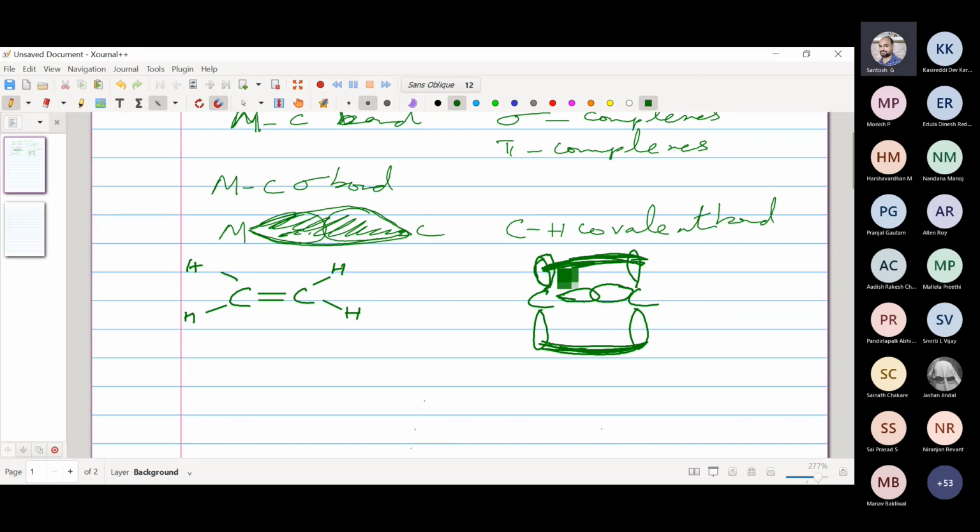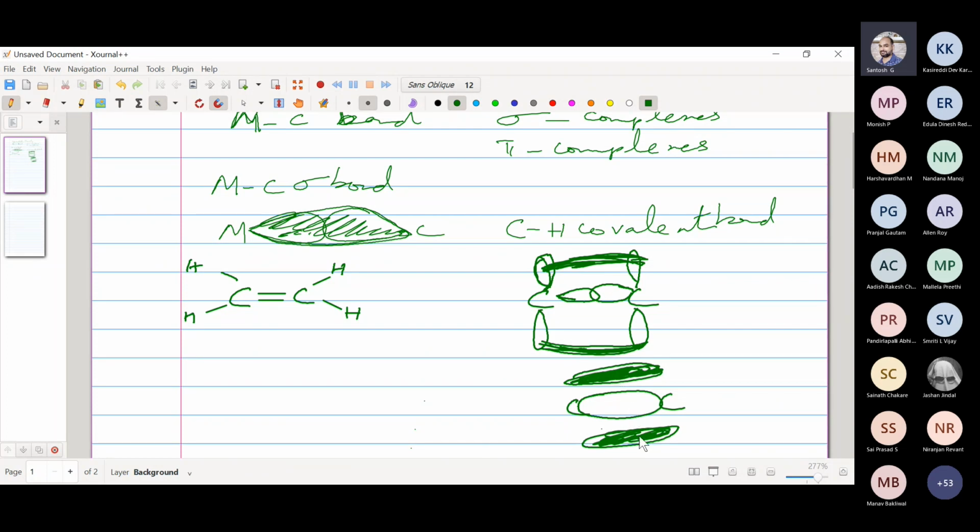Okay, so when these orbitals overlap sideways, they form something like this. So you have the carbon and carbon. So here is the sigma bond, and you have something like this called the pi bond, on the top as well as on the bottom you can see. This is where the electron density of the pi bond will reside.